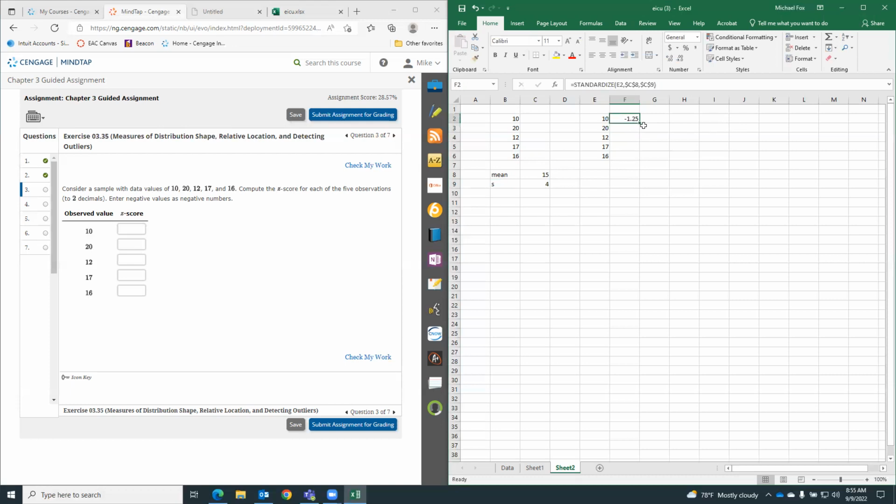Then we can grab the little nail here, just pull it down, and you'll see this one looked at E2 for the X value, and it looked at C8 for the mean value, and C9 for the standard deviation value. And if I look at this one, it'll look at E3 for the X value, but it'll still look at C8 and C9 and so forth.